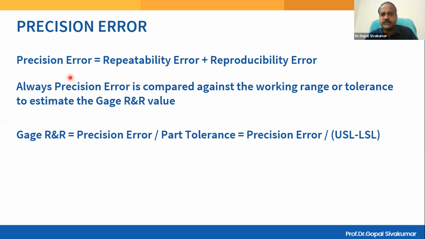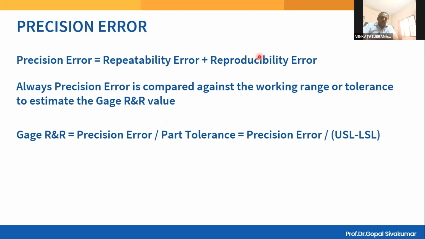Do all of you understand what precision error is? Sum of repeatability error and reproducibility error. And now, how much is this precision error in comparison to the working range? The working range is the distance between upper spec and lower spec. The denominator is tolerance. The numerator is precision error.